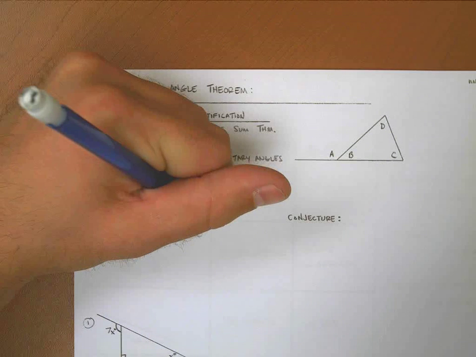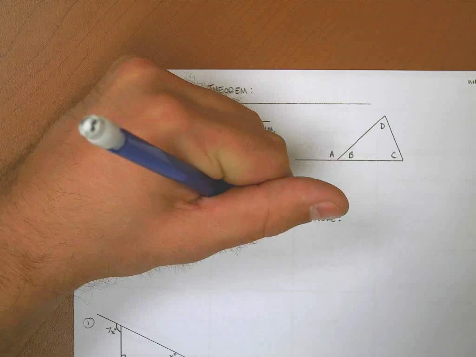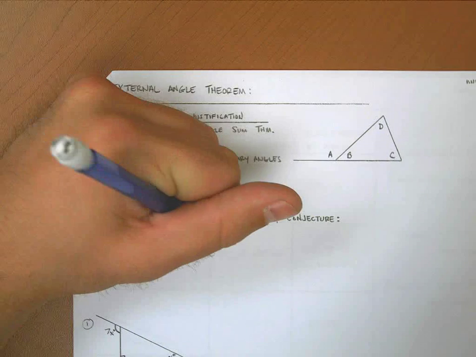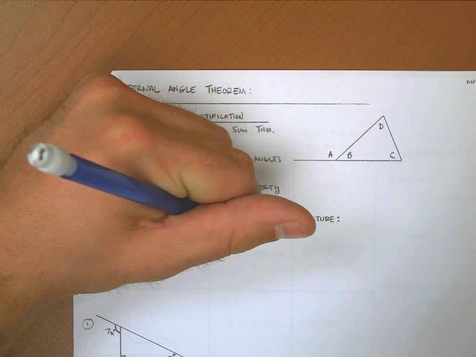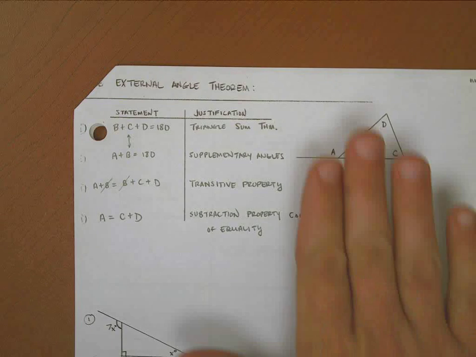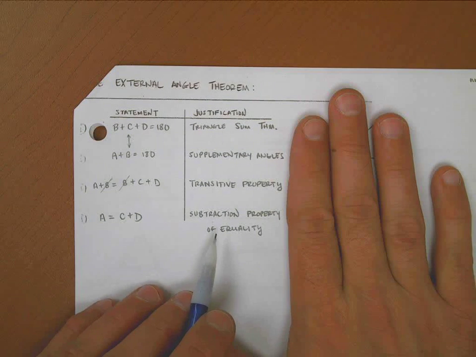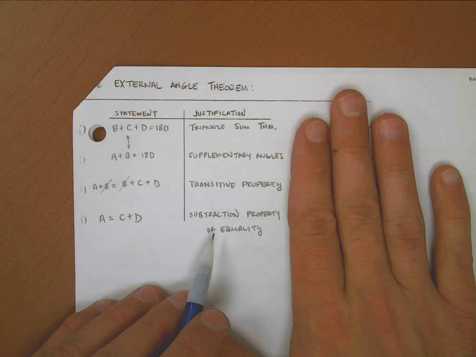That's called the subtraction property of equality. That's if I want to sound fancy. I want to sound like I know what I'm doing. But that's a fancy way of just saying I can subtract the same value from both sides, and things are fair. I haven't changed anything in the equation.